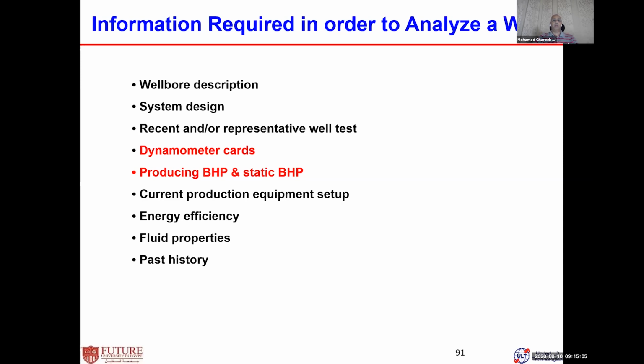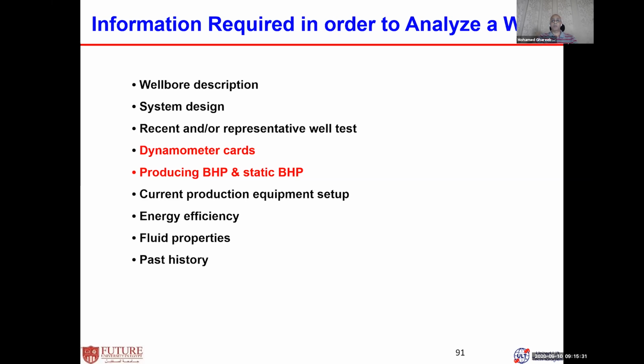For rod lift systems, there are two main important tools that can measure my system performance and give me an indication of how the system is running. One of them is called the dynamometer card. Each person working with a rod lift system, a reciprocating rod lift system, will know this name: dynamometer card, dynamometer analysis.